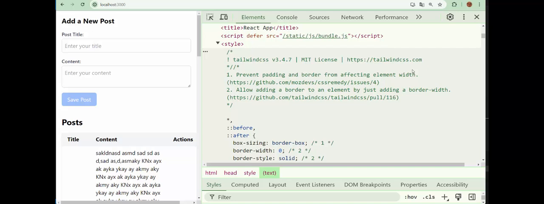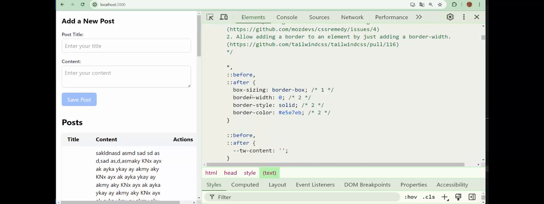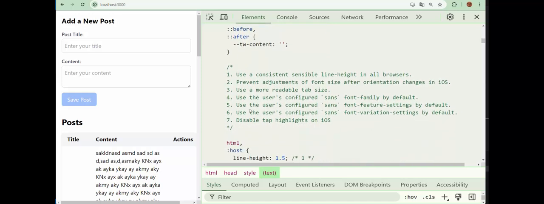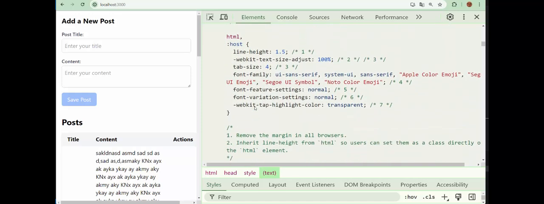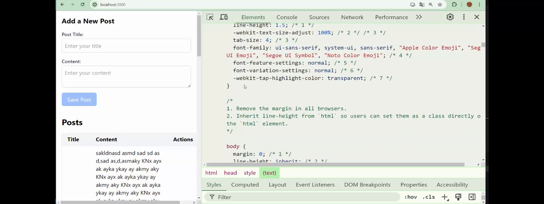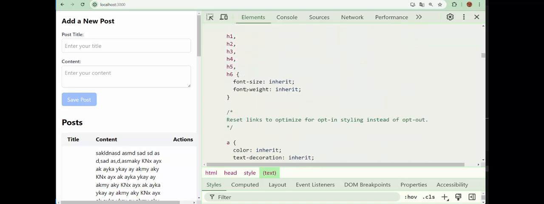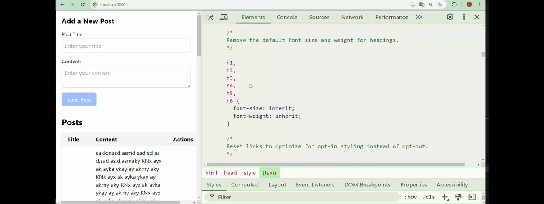Tailwind is instead of me writing that style CSS here, before, after, box sizing, border, HTML, all that was here. Very long. And look at level, heading level. It is styles for the HTML elements.